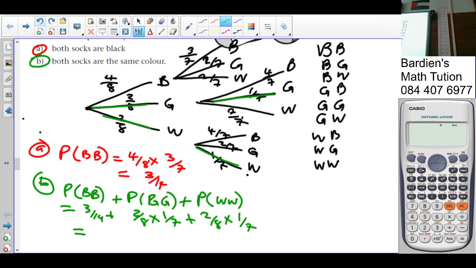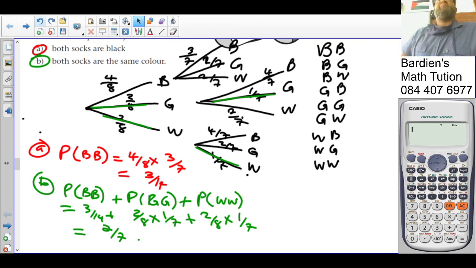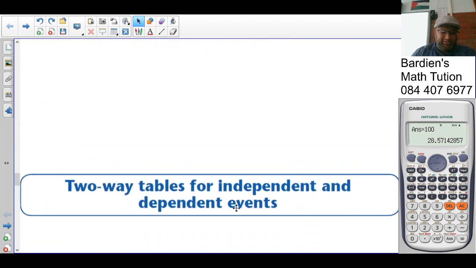This gives us an answer of 2 out of 7. So the chances of him drawing identical socks is very slim. No? Very small. 2 out of 7 is how much percent? The chance of him drawing a pair of socks of identical colors is less than 30%. Very small. No? Let's look at the next one.